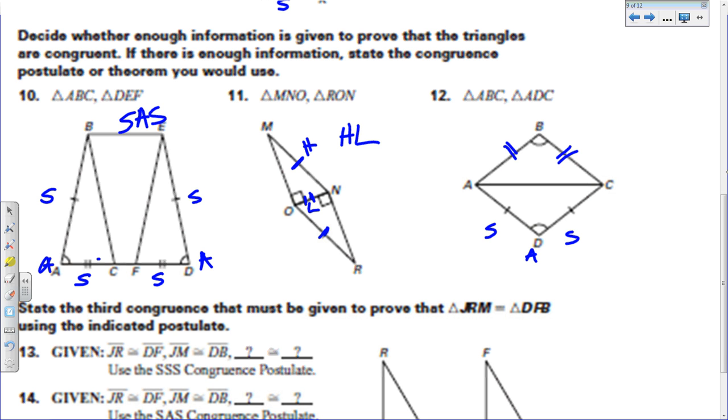For instance, I could make, and I'm drawing this, so it's obviously probably not going to be perfect, you know what I mean? I can make this like that, right? And say this angle is congruent like that.